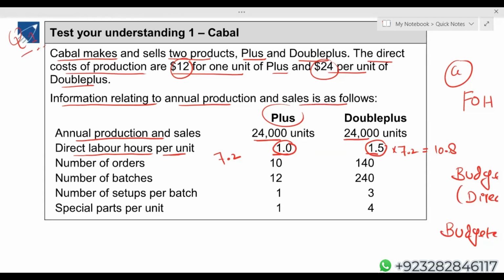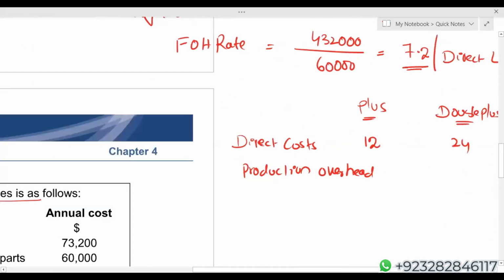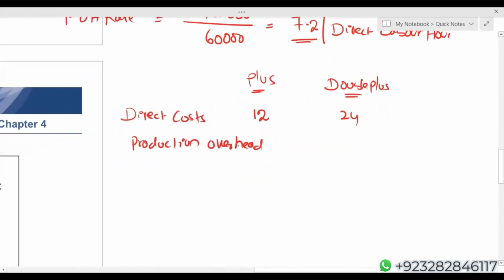So 7.2 into 1.5 is 10.8, the production overhead cost for double plus, and plus takes only 1 hour, so it remains 7.2.